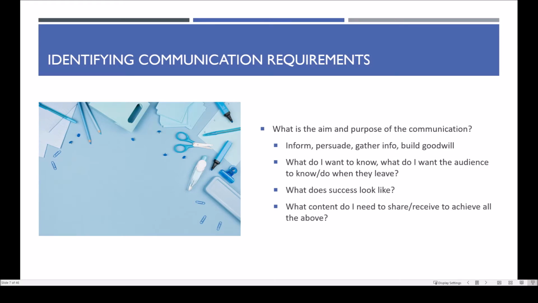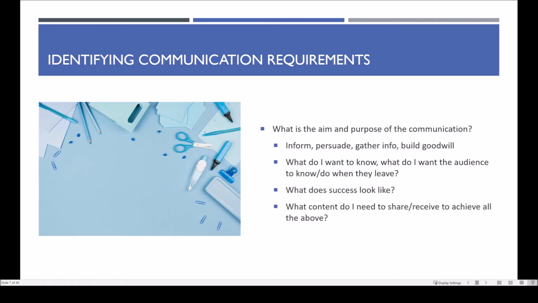And there are a number of reasons why we do communicate. Sometimes, we communicate to let people know information. Sometimes we communicate to sell an idea, persuade them for our position or perspective or product or service. Other times we communicate to gather information. That is, we want to ask questions. We want to get people's different points of view.